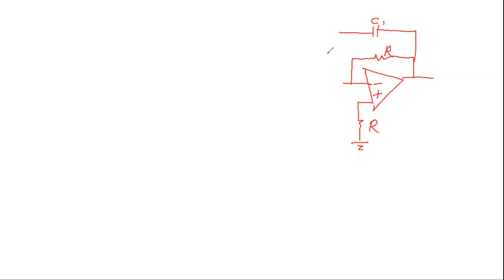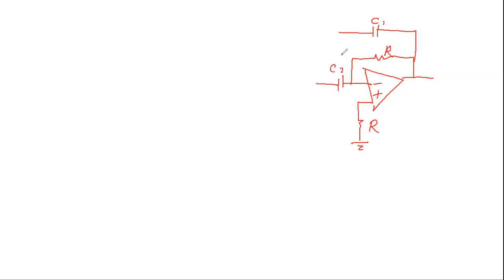So I will redraw the circuit again. So this is the circuit, and we have a resistor here. This is the negative terminal, this is the positive one. The positive one is connected to the ground through R1. Actually, all of them are R. The good thing is that all resistors are the same. So this is R, this is R. And you have a capacitor here. We call it C1. And another capacitor here.